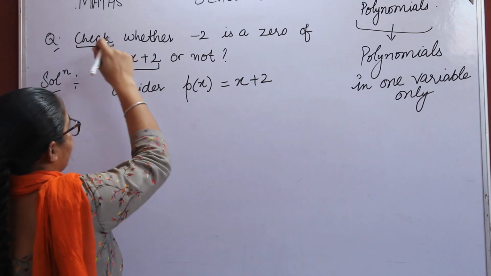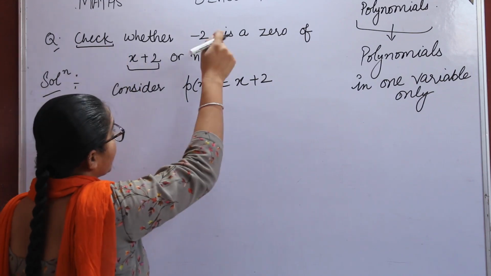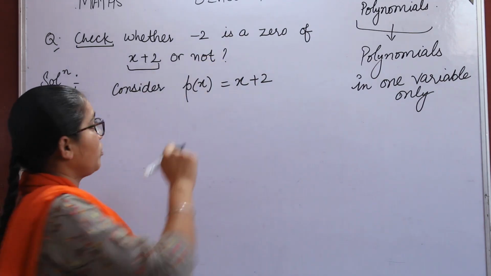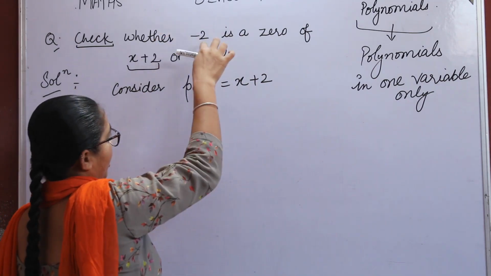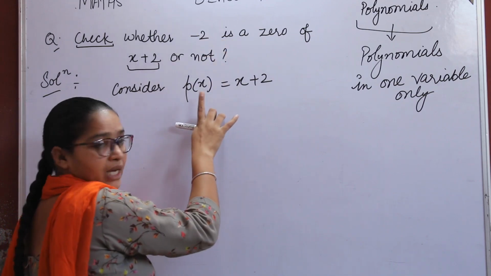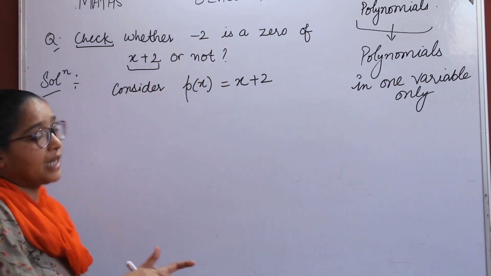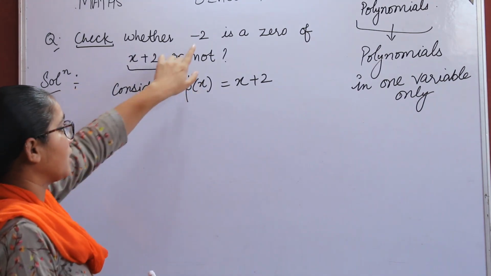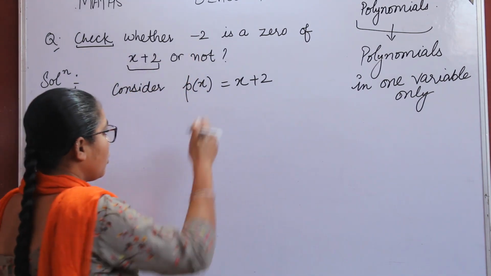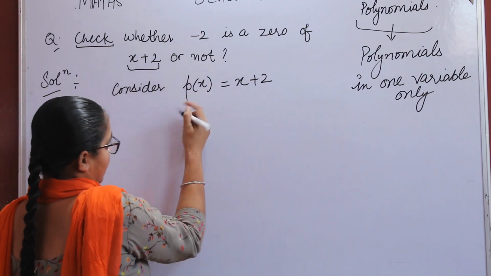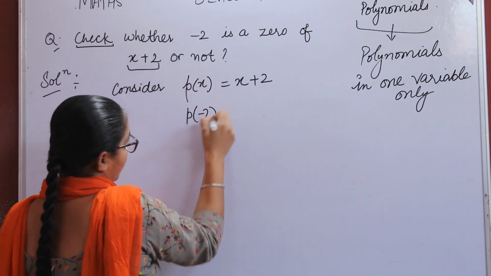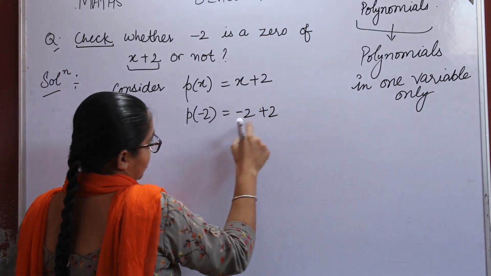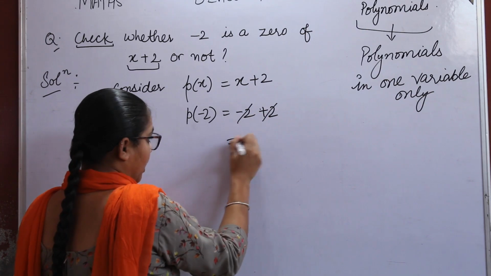What you have to do, you have to check. What we have to check? That minus 2 is a 0 of this polynomial or not. So means we have to fill the value minus 2 in place of x. Now it is not given directly x is equal to minus 2, so you have to understand that this is the value of x only. So now fill this value in the place of x. So p of minus 2 would be minus 2 plus 2. So minus 2 plus 2 cancelled. So what we get? 0.